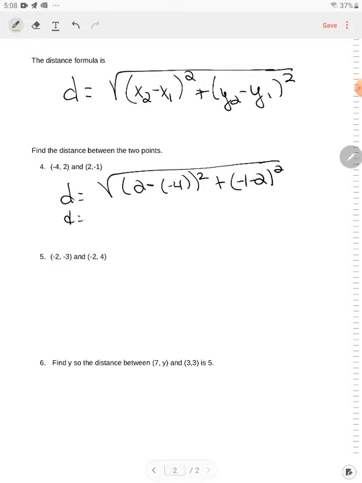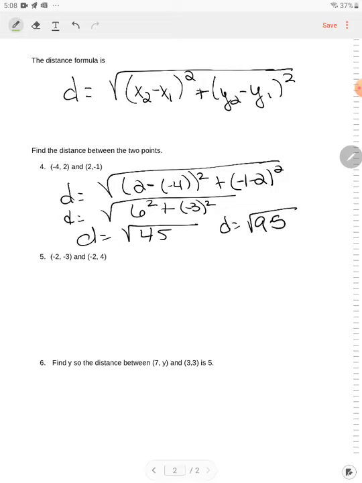So d is equal to the square root of 6 squared plus negative 3 squared. So d is equal to the square root of 36 plus 9, which is 45. Again, if we rationalize it, d is equal to the square root of 9 times 5, or write it in radical form. So d is equal to 3 square roots of 5.